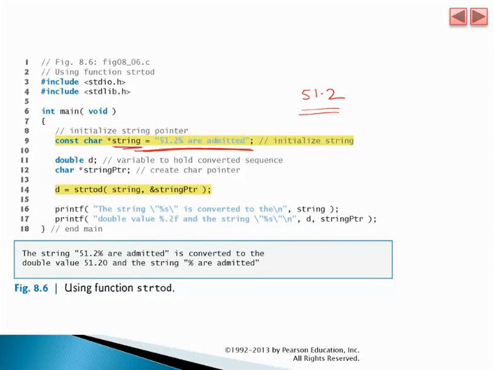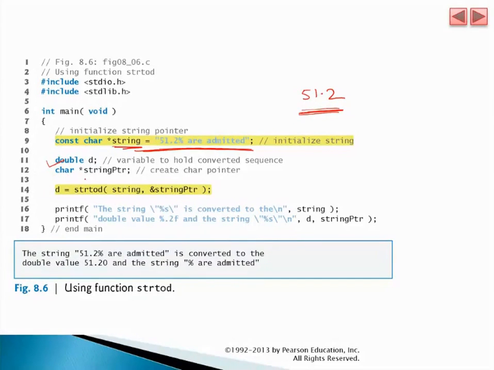We have to convert this sequence of digits into double. For that we have to declare a variable, because when this is converted, we have to store this value into some double variable, so we declare a double variable.